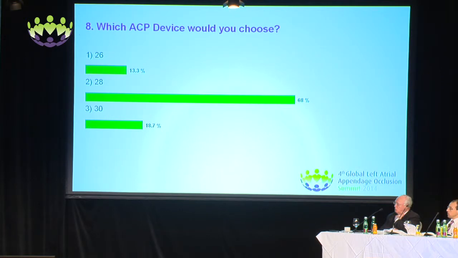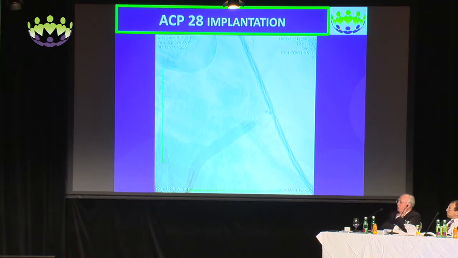Okay, can we switch to the presentation? Okay. We use a 28 as first choice. This is the catheter, and we see a good alignment of the catheter inside the appendage. We open the device.